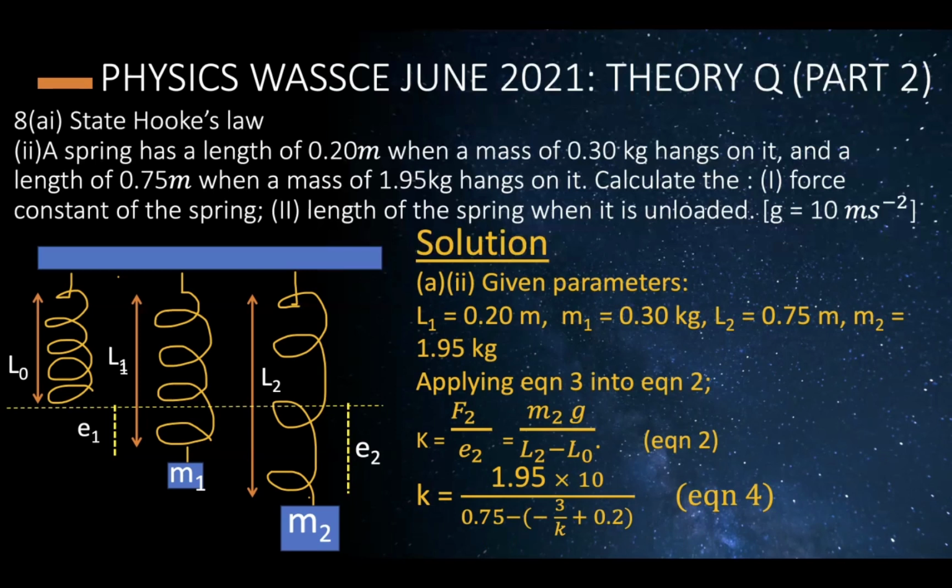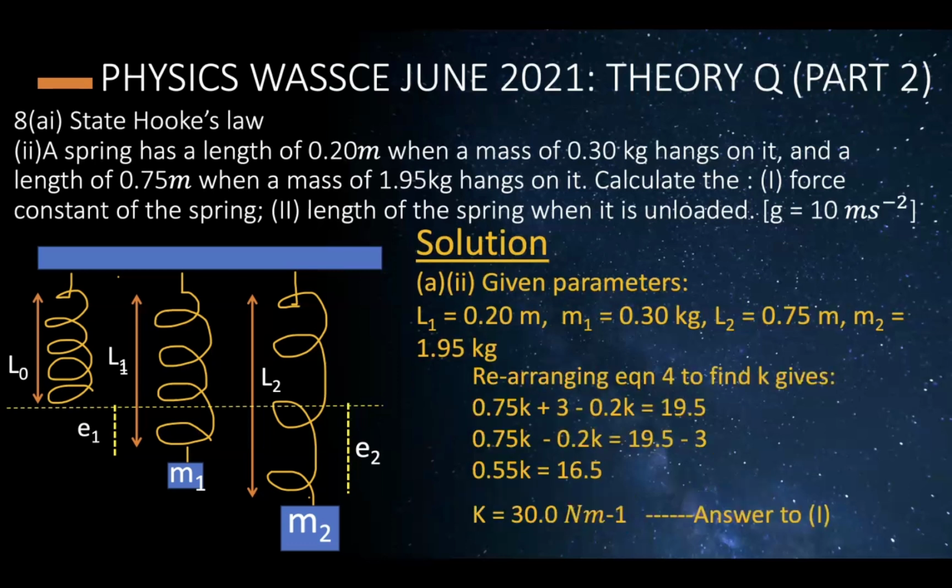But I will let you know that your ability to solve and get to equation 4 will give you another 1 full mark, because this equation is where you now substitute to finally get the answer. So getting the formula, 1 full mark, solving all the steps in between until you get to equation 4, or even a better way, it's either equation 4 or maybe you have now gotten to the equation here.